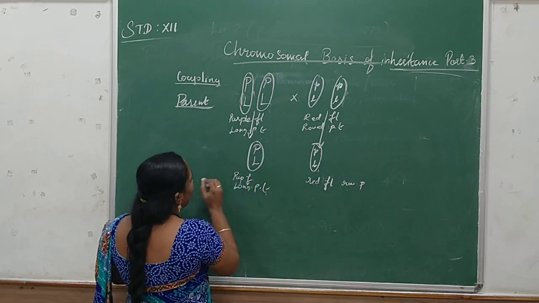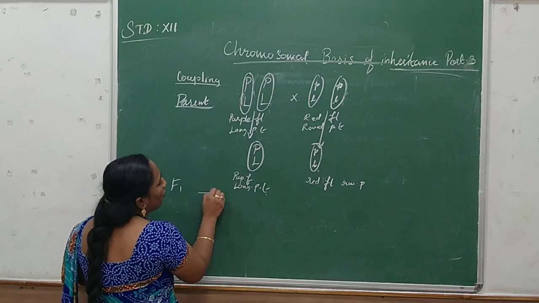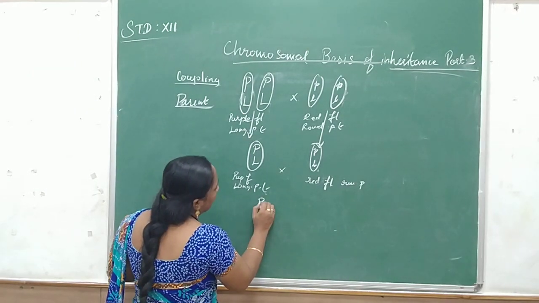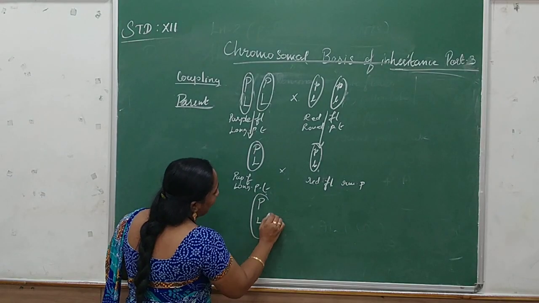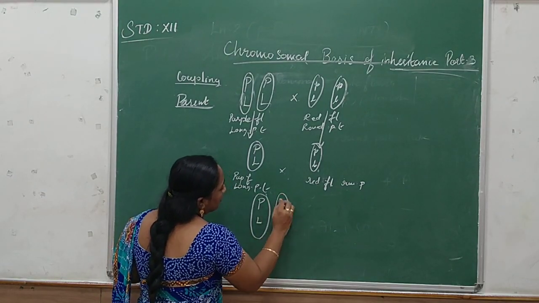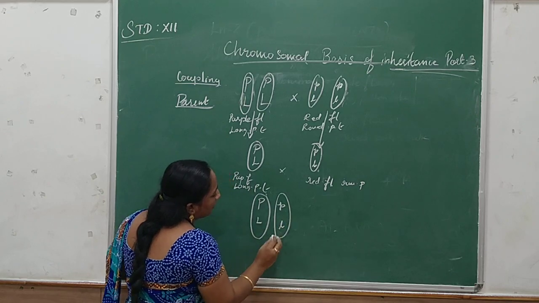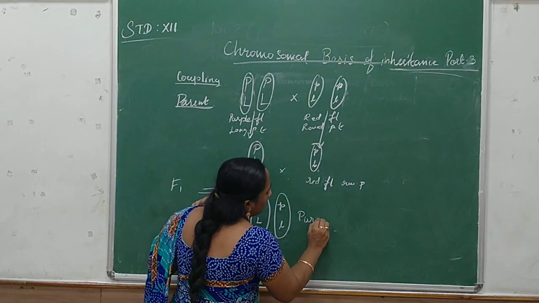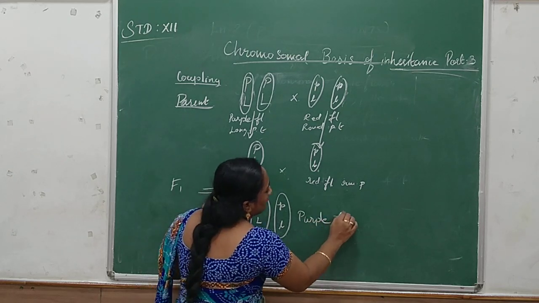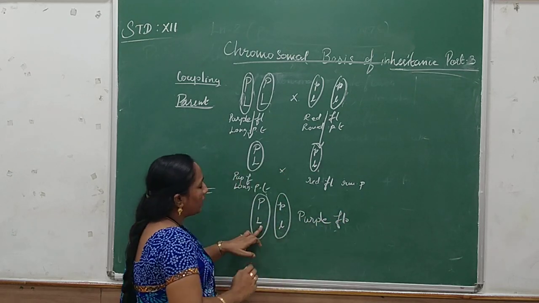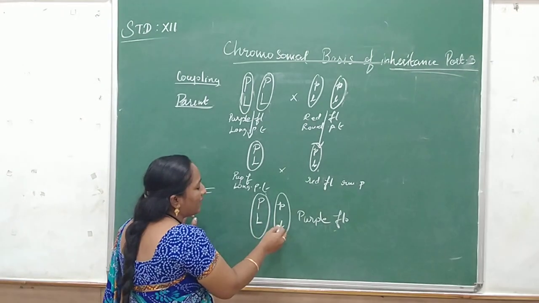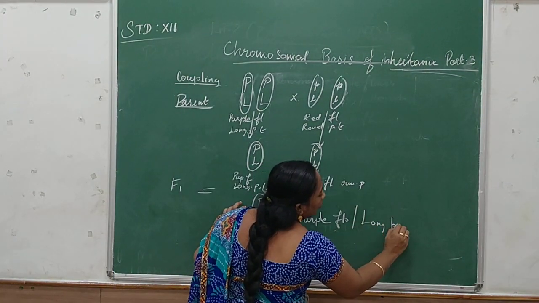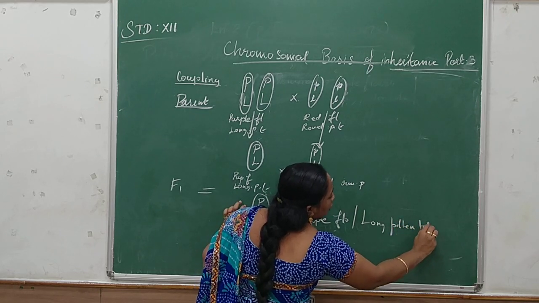So in F1 generation, what are we going to get? Capital P, capital L and small p, small l. Here the dominant will be capital P, so the flower will be purple, and for the pollen, capital L is dominant, so it is with long pollen tube.